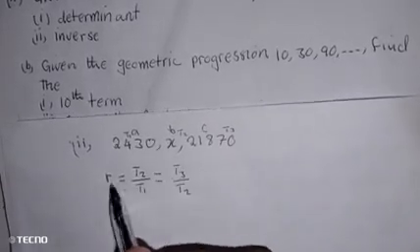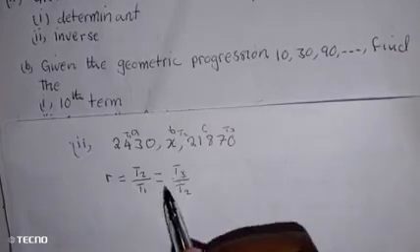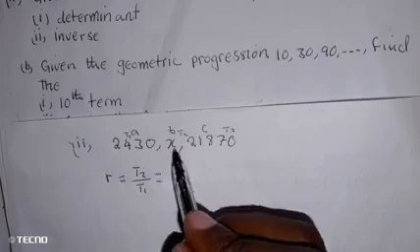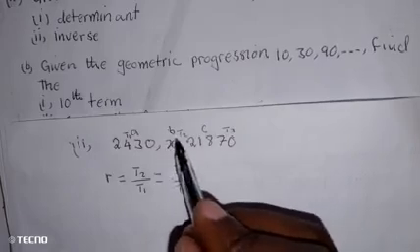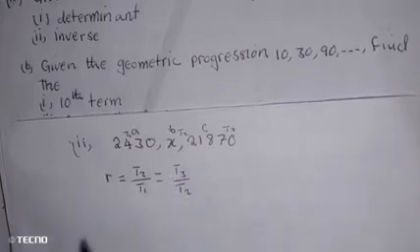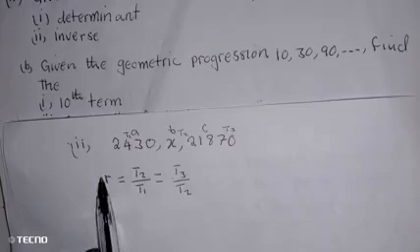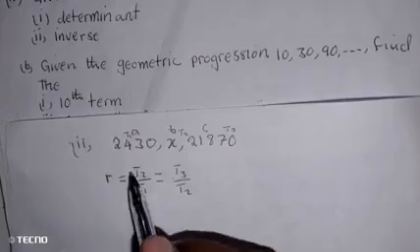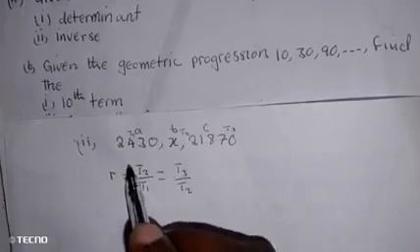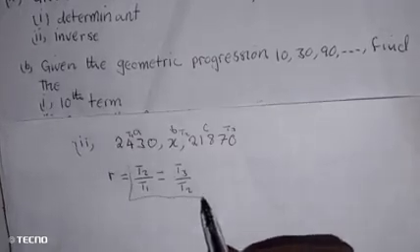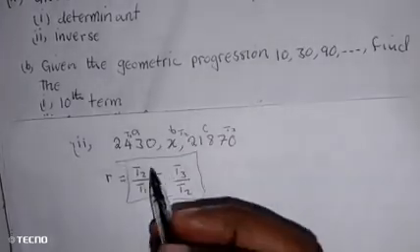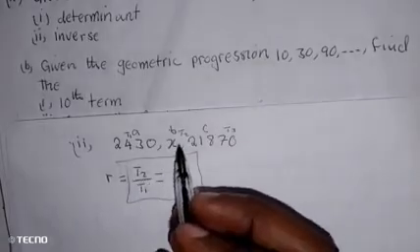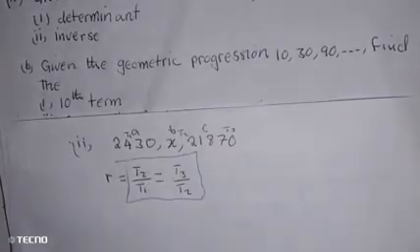Since we don't have the second term here, it is somewhat difficult to go direct and find the common ratio. But we are going to use this same information to find the value of x. The second term here is represented by the letter x.